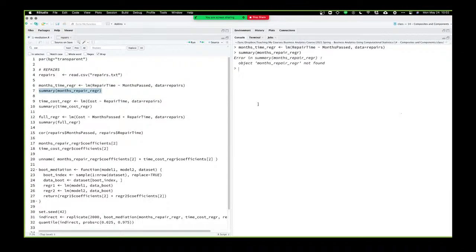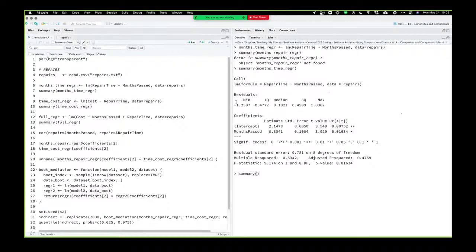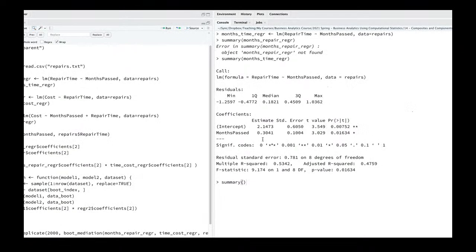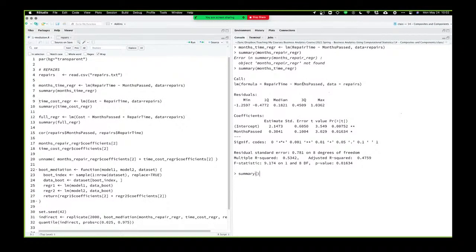So, oops, excuse me, months. I've got to change my code a little bit. So this is telling me that the months that have passed since the last time we did the repair is increasing the amount of time it takes me to do the repair, which may be one explanation of why the cost has gone up as well.